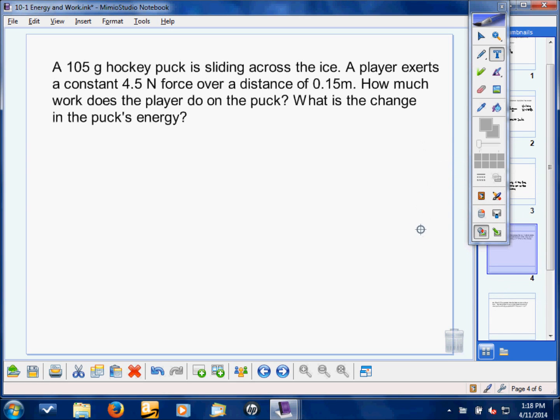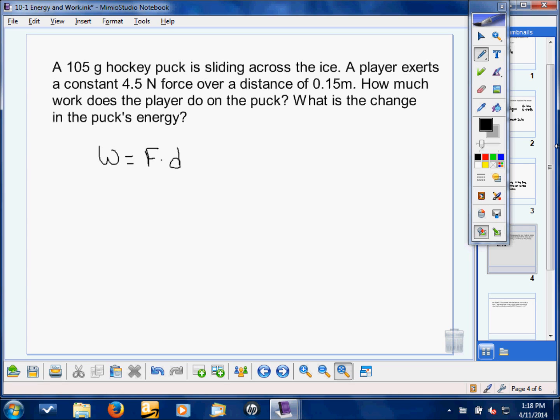Okay, now that everybody's got it written down, a 105-gram hockey puck sliding across the ice. Now it's asking first how much work is done on the puck. So we have the equation for that, which is work equals force times distance, as long as the force and the distance are in the same direction. So which one of the two things is causing the hockey puck to move?